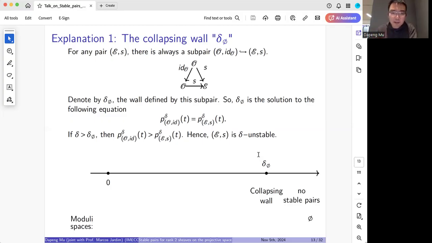When delta is larger than this point, every pair is unstable. So the only interesting thing happens between 0 and this very last wall, delta empty set. We call it the collapsing wall because after this point, everything will be killed and the moduli space will be empty.